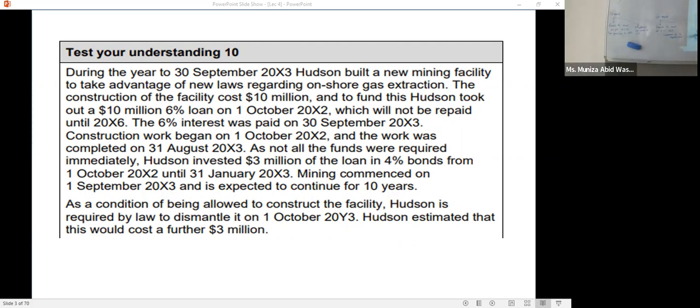What about the 50,000? Which one? The 50,000 in the profit and loss? Yes, that one. In the finance cost, obviously, it has to be done.